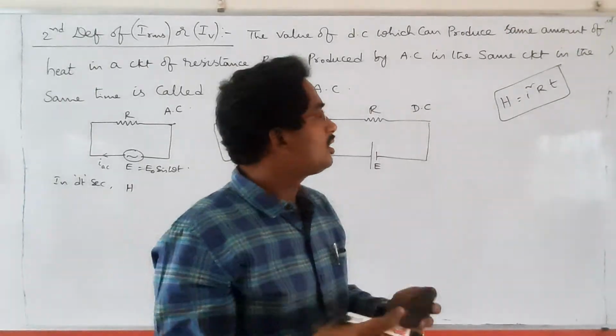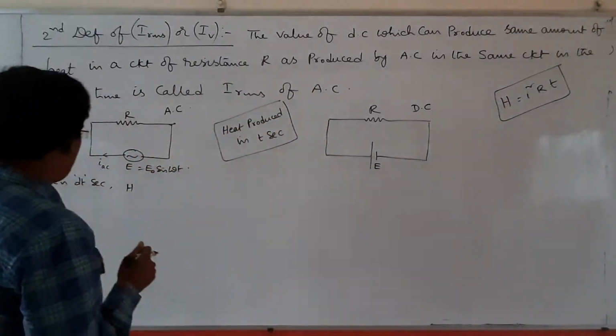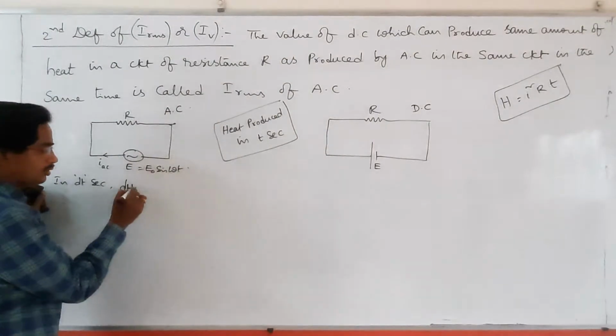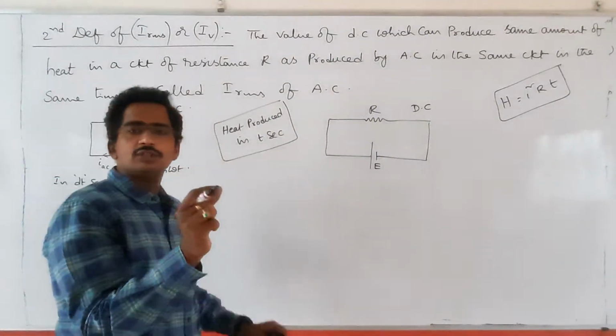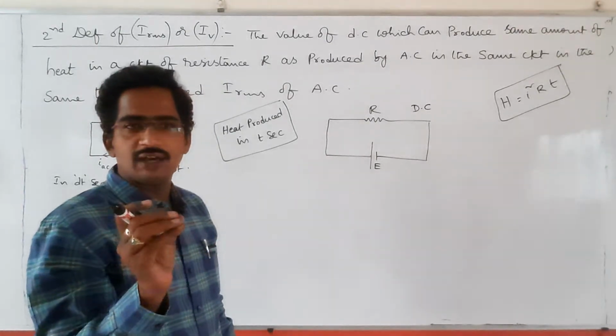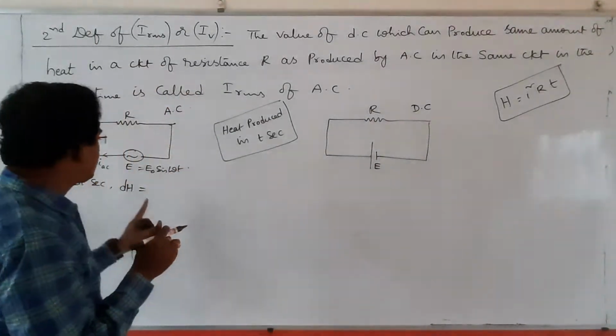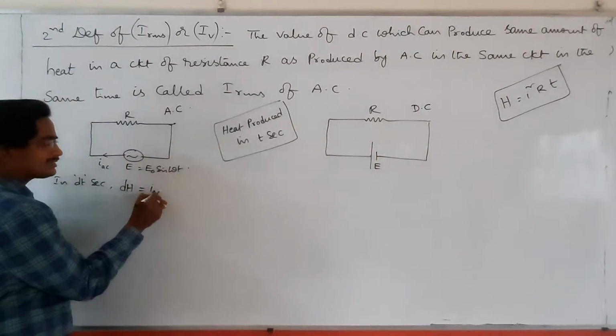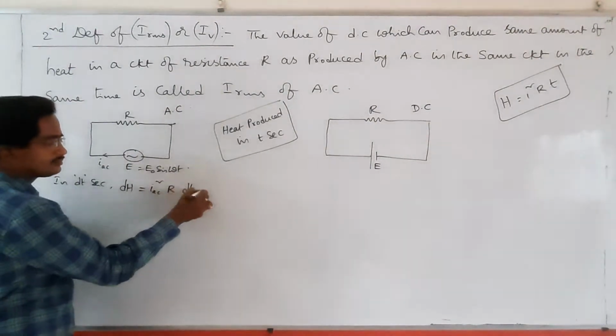So I apply it here: in a small time dt, a small amount of heat dH equals IAC square R dt.